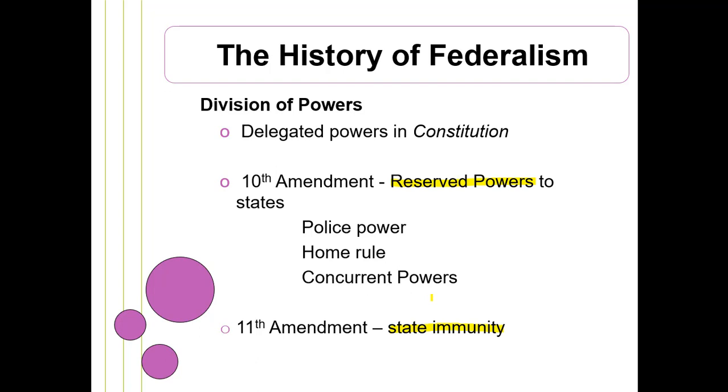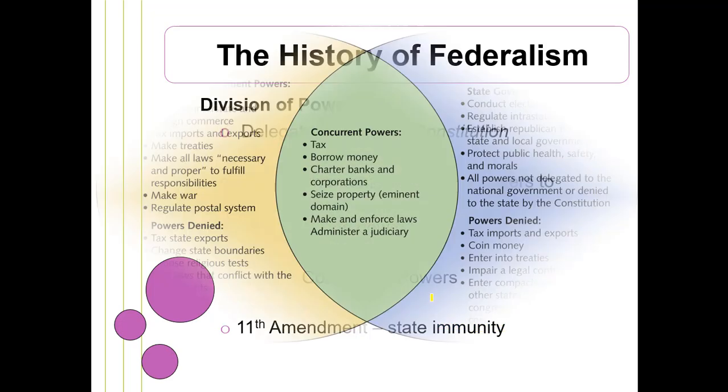So that is just kind of giving states a little bit more protection from outside interference. So that was part of our progression here of the 11th Amendment, fairly obscure amendment, but it does give states a little bit more power.